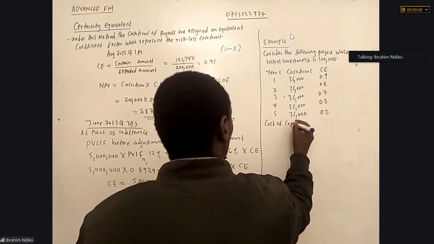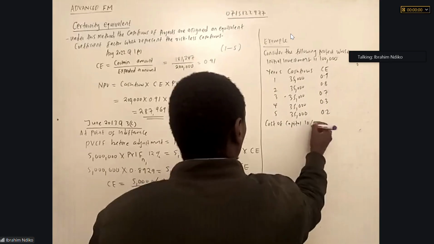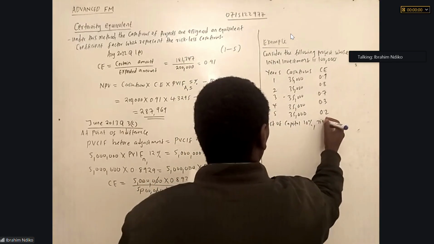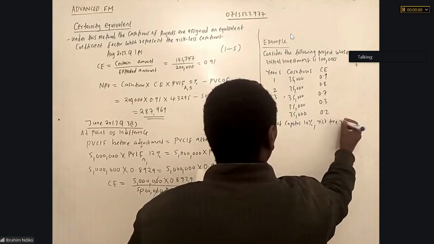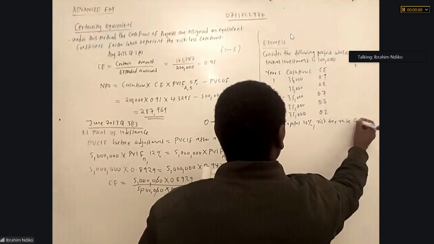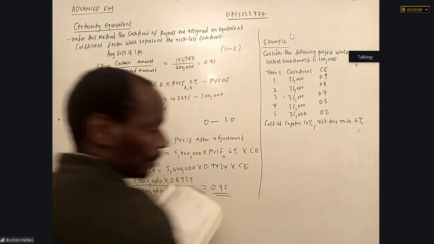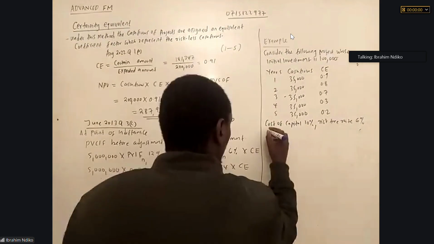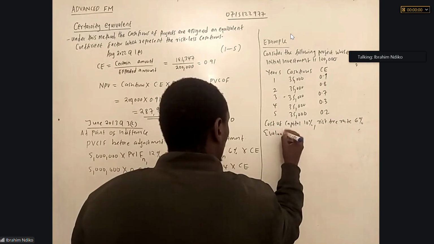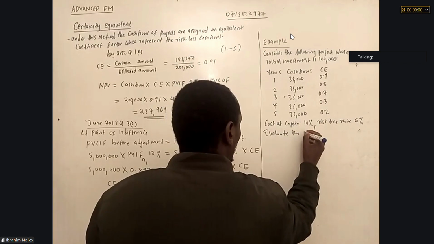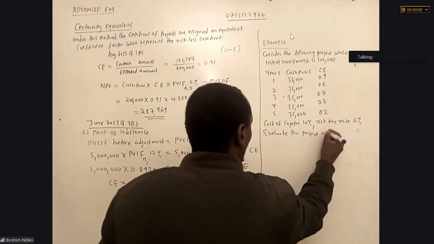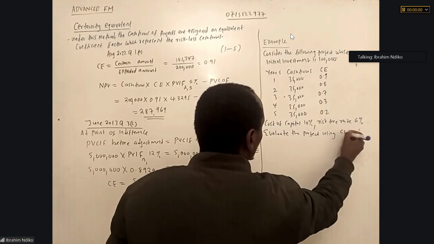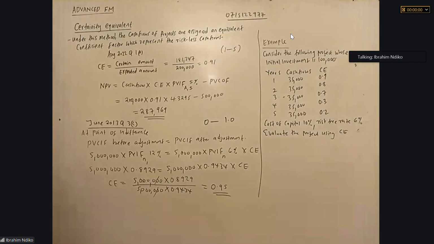Cost of capital, 10%. Then risk-free rate is 6%. So evaluate the project using CE, certainty equivalent.